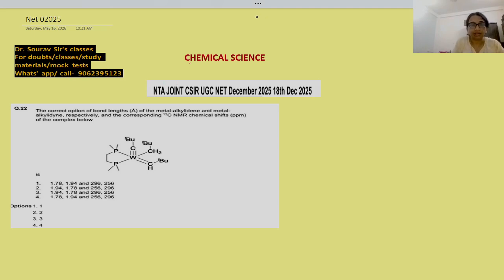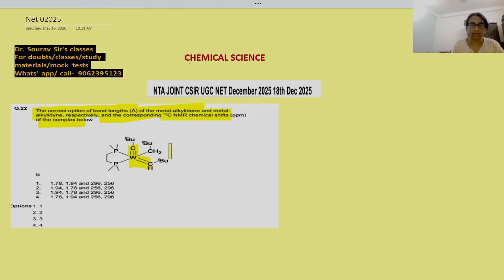Question number one is about the correct option for the bond length of the metal alkylidene and metal alkylidyne. Two types of bonding are given: one is the metal bonded with carbon by a double bond, and the other is the metal bonded with carbon by a triple bond, respectively, along with the corresponding C13 NMR chemical shift in ppm of the complex below.